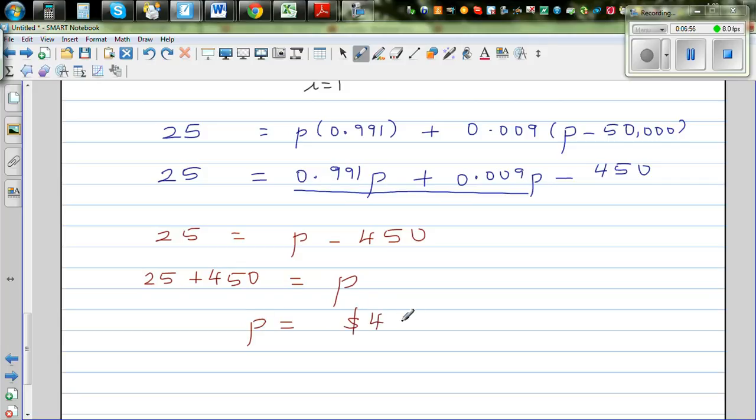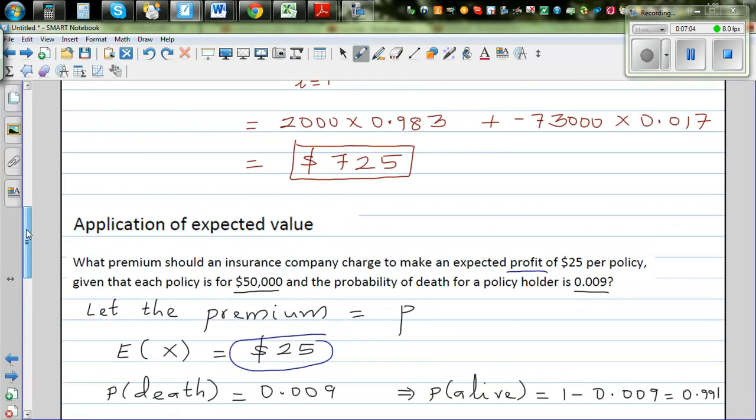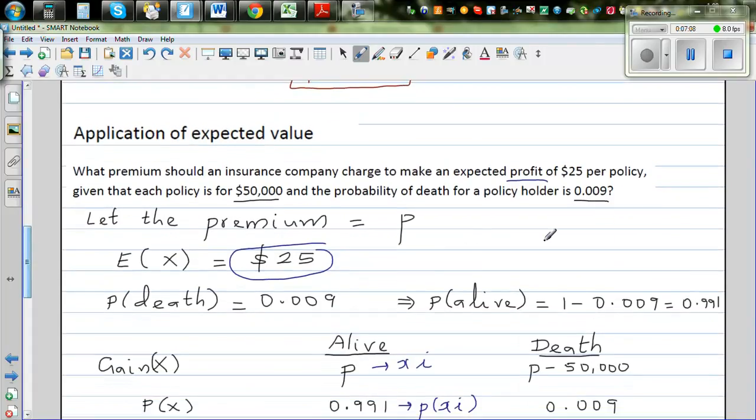What does this mean? If the insurance company is charging a premium of $475 for a policy of 50,000, and you know that the probability of a policyholder of that age group dying is 0.009, you can say with reasonable confidence that if this policy is sold to a large number of people, they can expect to gain $25 per policy.